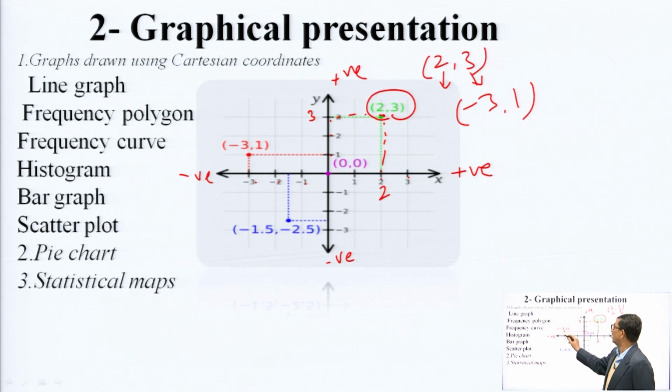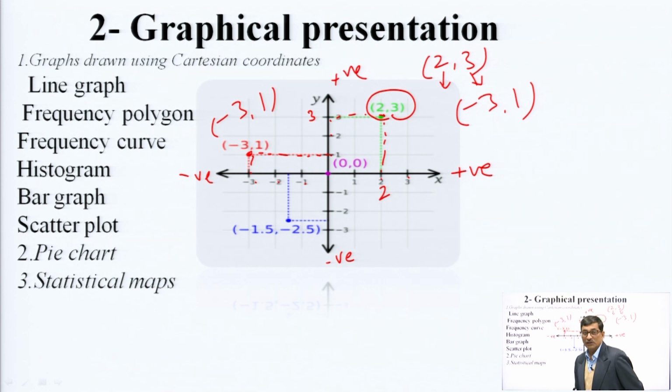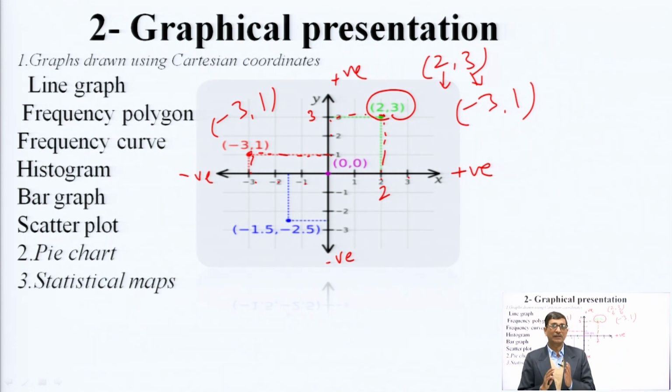So, minus 3 is here, we move like this, and 1 is positive, so it is on the upper side. So, the value of y we take from here and we move like this, and this is the point minus 3 and 1. In this way we show the points on the graph.